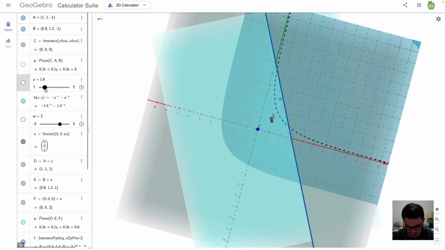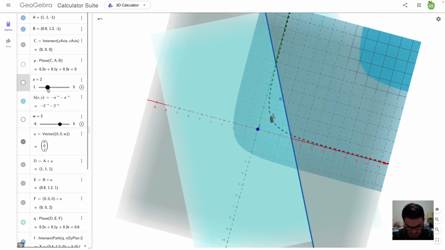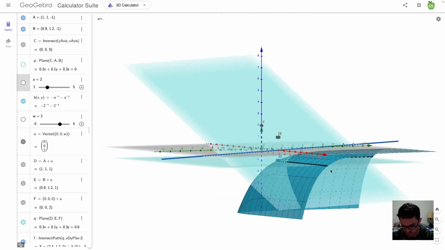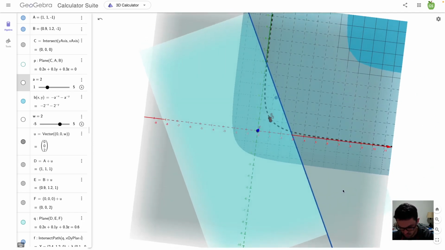So let's crank this up a little bit to 1.7 or maybe even 2. All right, so our risk aversion is now at 2. You can see it's a lot more curvy. So now the question is, what is our optimal portfolio there? And how do we do that?